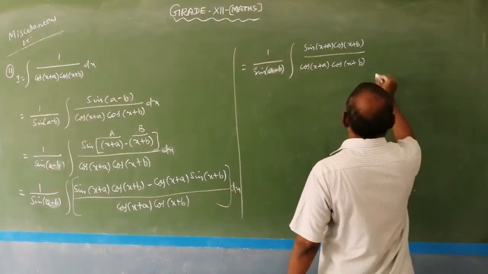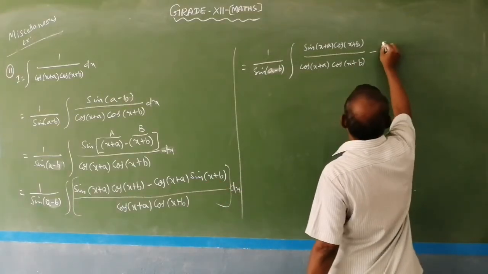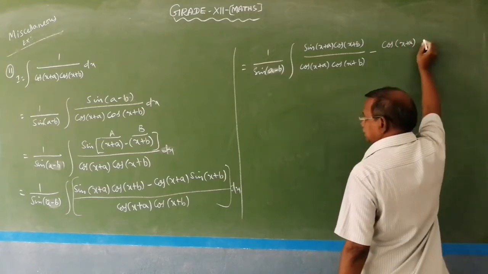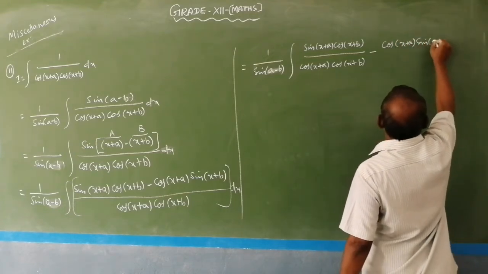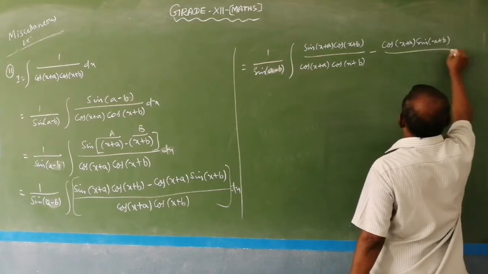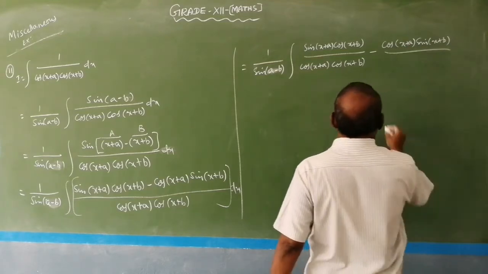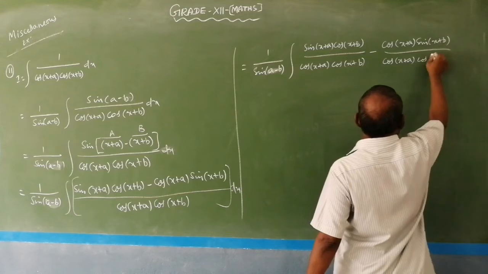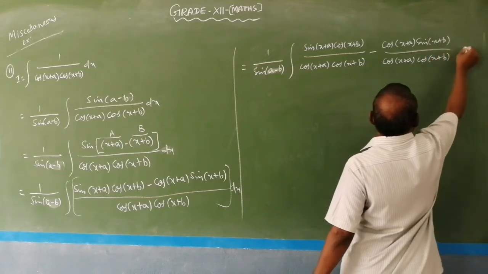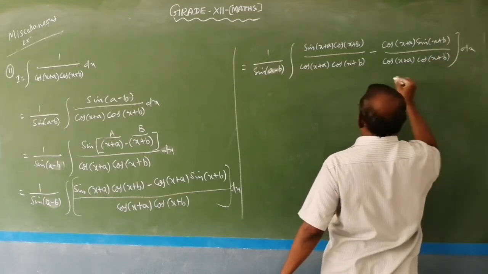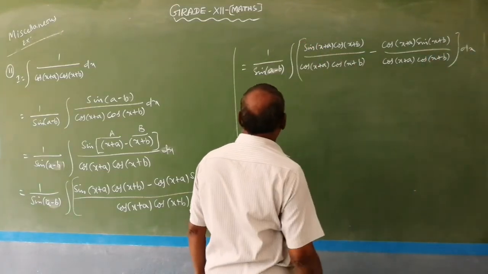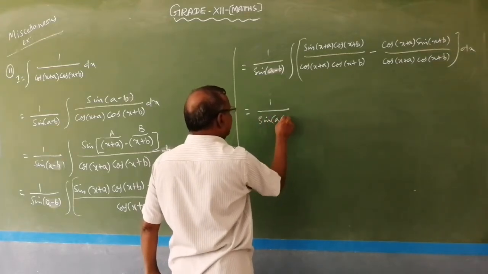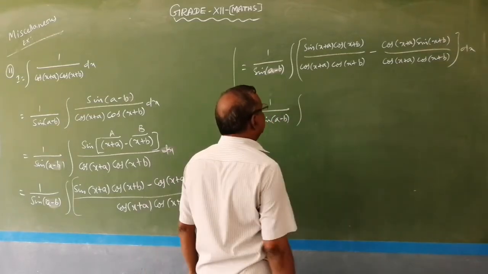Another function is minus cos of x plus a into sin of x plus b divided by cos of x plus a into cos of x plus b into dx. 1 by sin of a minus b integral.